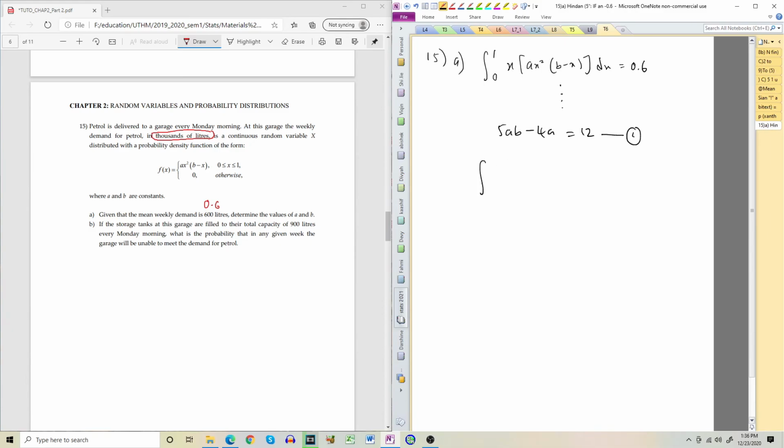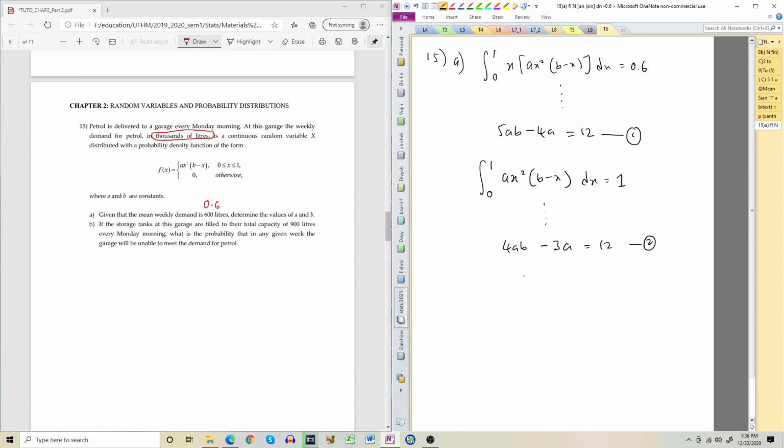Another clue is that the summation of probability is 1. So the integral from 0 to 1 of ax(b minus x) dx equals 1. If you do this, you will end up with another equation, which is 4ab minus 3a equals 12.